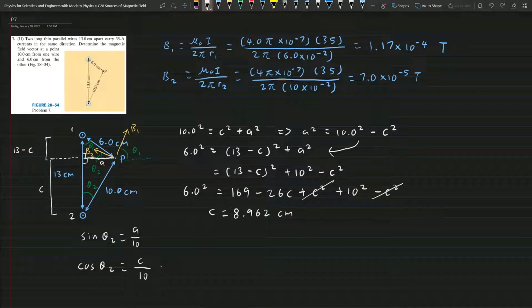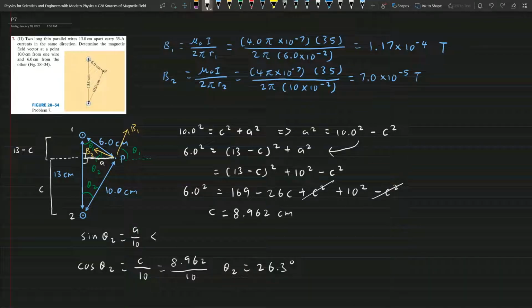Now we already solved for c, so we can find theta 2. This theta 2 is 26.3 degrees.